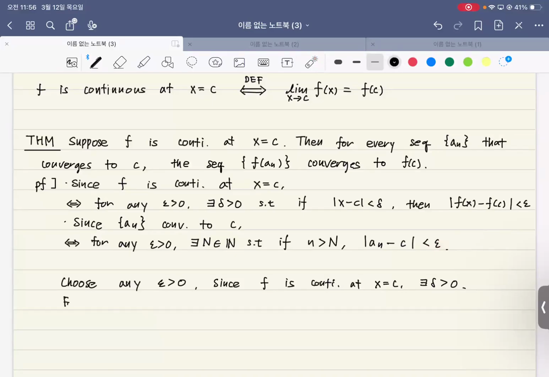So for this delta, there is another positive number N such that if n is greater than N, then |a_n minus c| is less than delta.